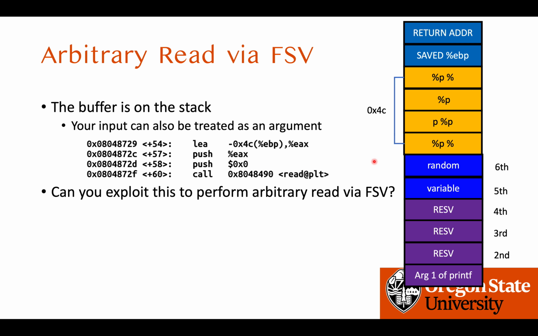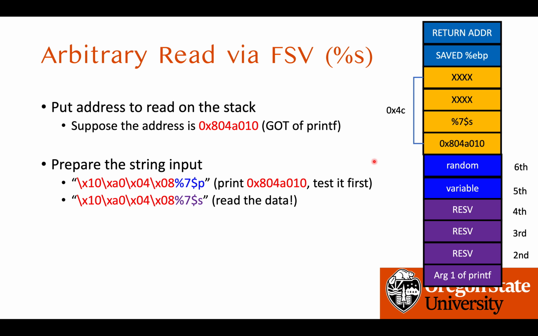That's why. Can we exploit this for an arbitrary read by exploiting the format string vulnerability? Yes, we can. Please take a look at the following example. Suppose your target address is 0x804A010, which is one of the GOT entries of printf in the real program.